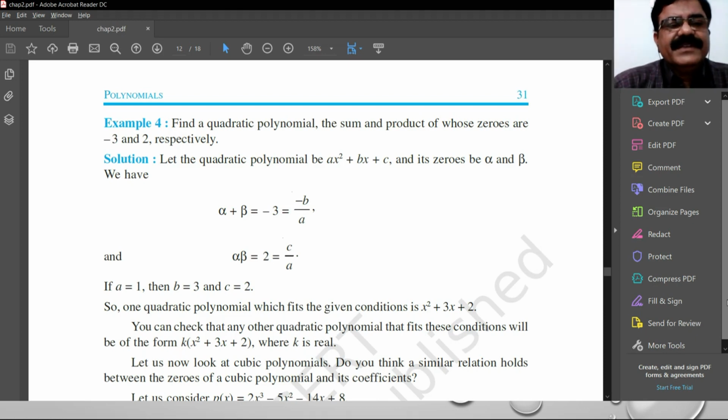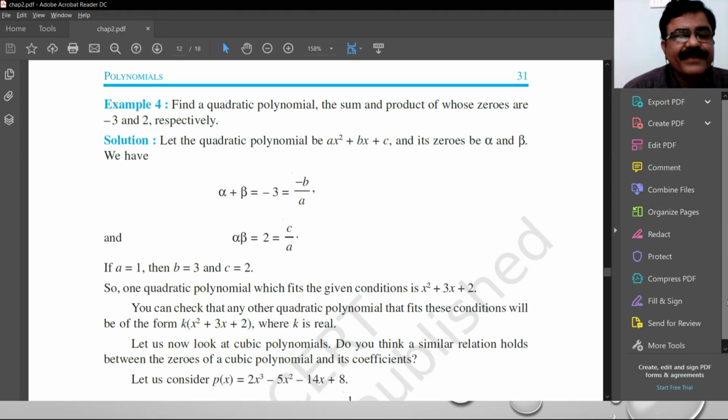See one example. Find a quadratic polynomial, the sum and product of whose zeros are minus 3 and 2 respectively. Solution: let the quadratic polynomial be ax square plus bx plus c and its zeros be alpha and beta. So alpha plus beta equals minus 3, which is minus b by a, while alpha into beta equals 2, which is c by a.